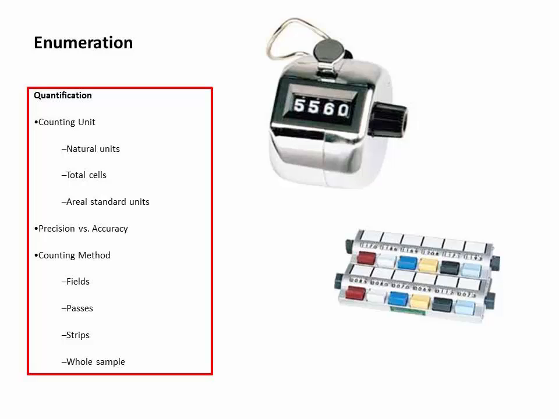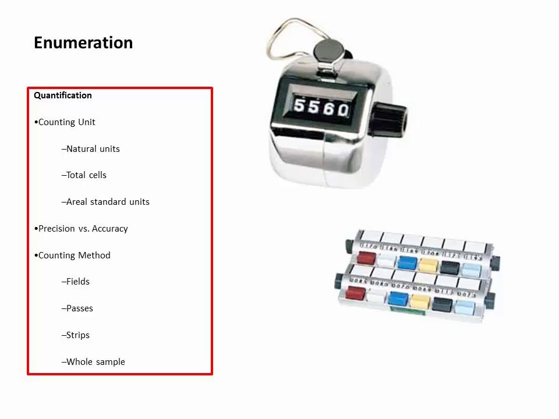And then out of that, we have to ask questions about whether we're more interested in precision or accuracy. And then the counting method. Are we going to count the whole field under the microscope or the counting chamber? Or might we just look at passes, you know, up, down, cross, whatever, or actual strips?